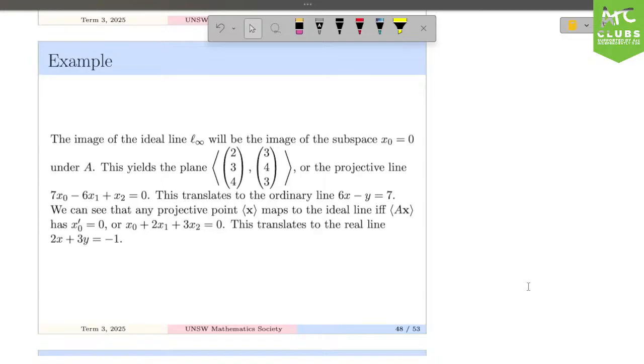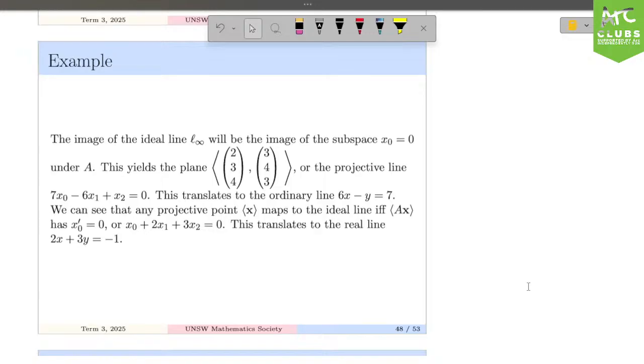So we may as well pick 0, 1, 0 and 0, 0, 1. And now the image of the ideal line under pi is just going to be the span of A multiplied by each of these points.